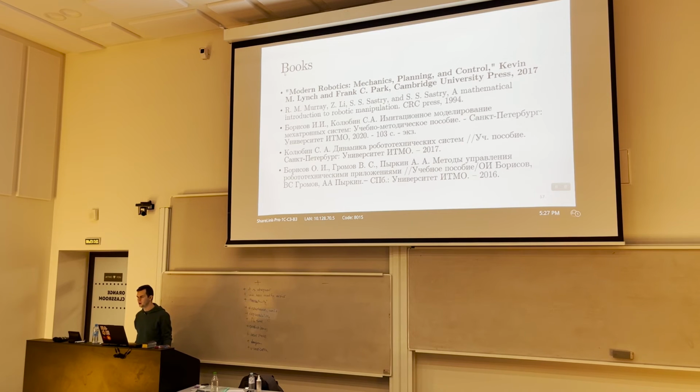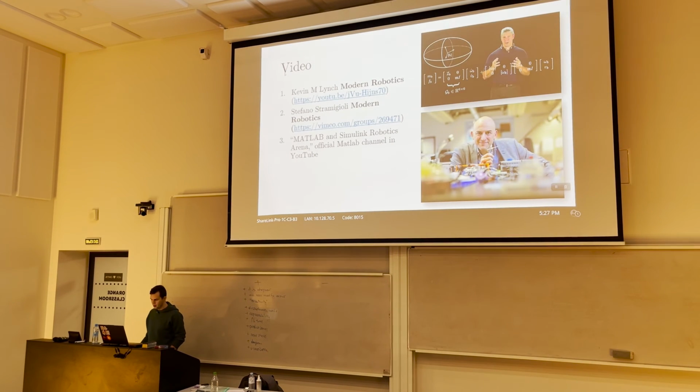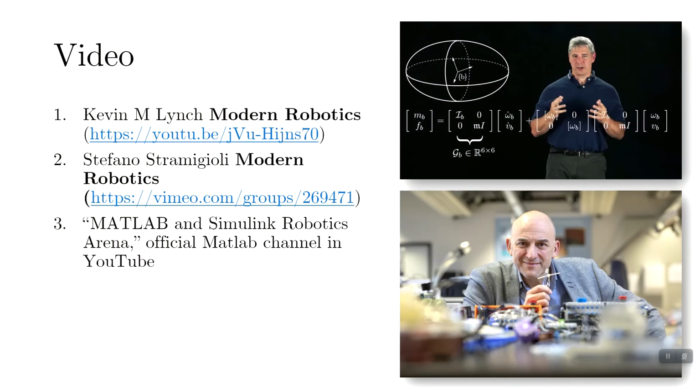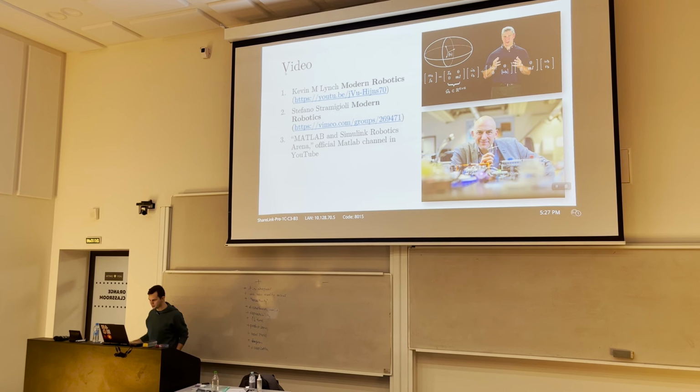If you are a blank slate, you can just start reading it. It's very great, and everything will be clear. Also, if you want, you can use these links as extra information. Here there is a video course by Kevin Lynch and by Stefano Stramigioli, and I have used this material a lot to prepare this course.